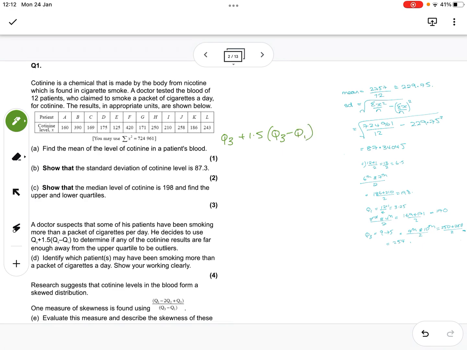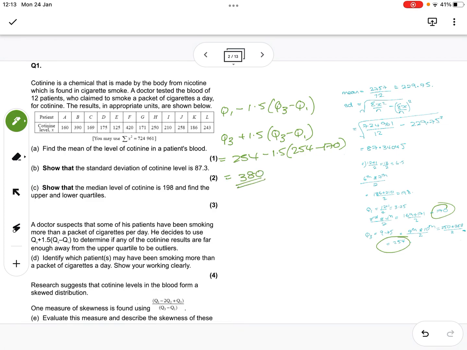And the other extreme is Q1 minus 1.5 lots of the interquartile range, which is Q3 minus Q1. For Q3, that means 254, because that's your Q3, minus 1.5, 254 minus Q1, which was this one, which is 170. So that gives us 380.